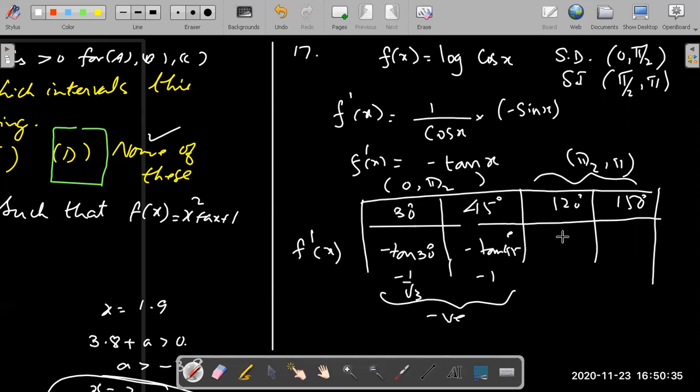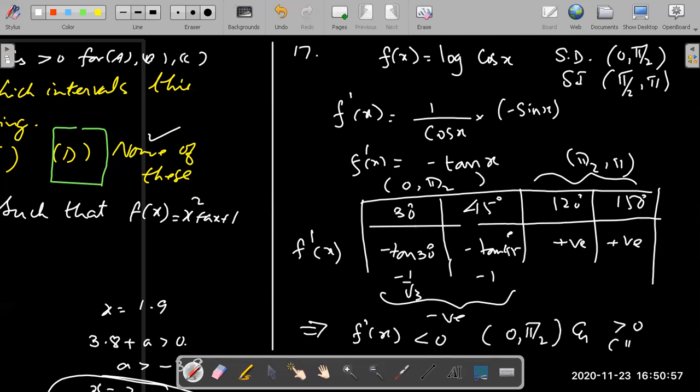And in this, tan is negative, so minus tan will be positive. This is a positive value, this is a positive value. So both are positive. So that infers that f dash x is less than 0 in the interval 0 to pi by 2 and greater than 0 in the interval pi by 2 to pi.